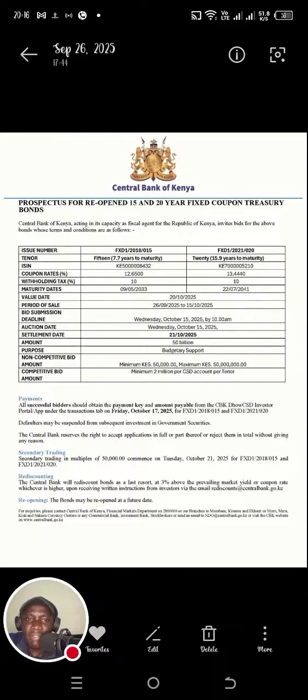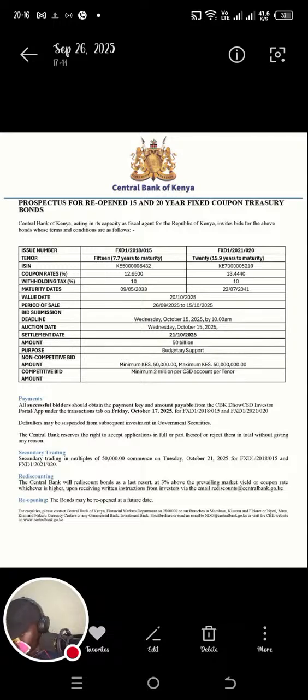You can see there is a difference between the auction date and the settlement date. The auction is conducted after bidding to determine whose bid was successful and whose was not. Because we have seen a trend by the Central Bank of Kenya rejecting a lot of bids mercilessly. I think the Central Bank of Kenya is very clear when it comes to cheap credit. They are looking for very cheap loans.